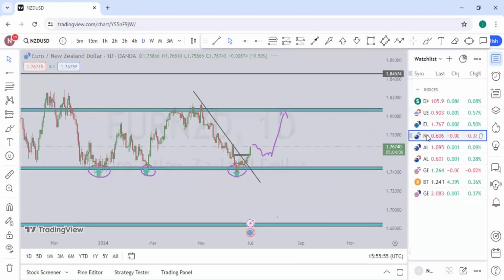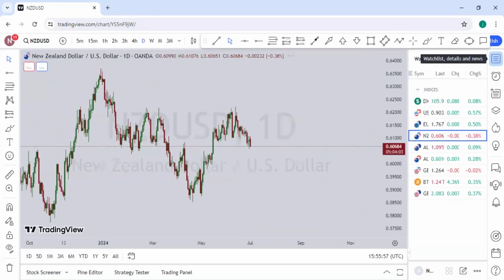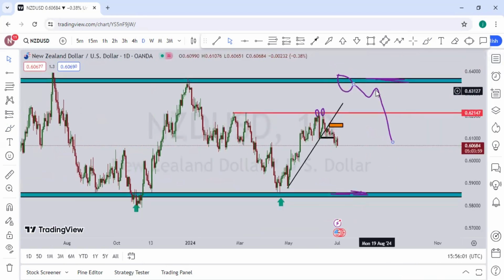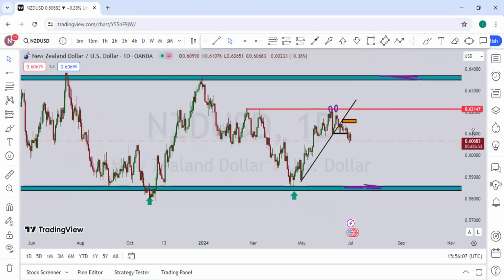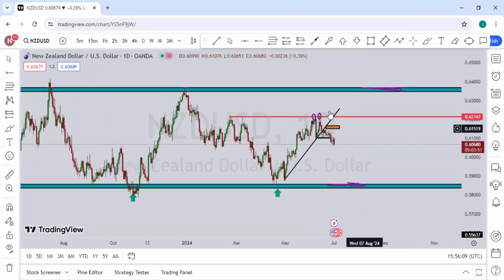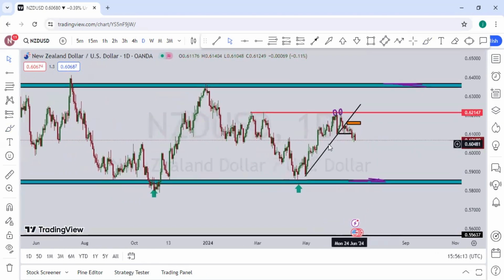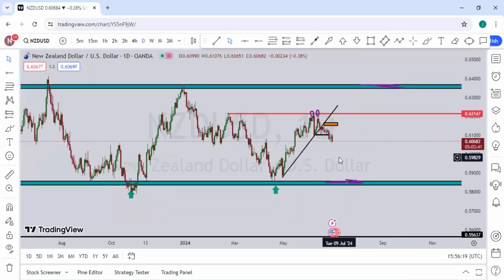Next pair that I'm also expecting to see some change and reaction is NZD USD. Okay, I explained everything on this particular pair, and I expected this market to break to the downside and retest, then I can take my trade.